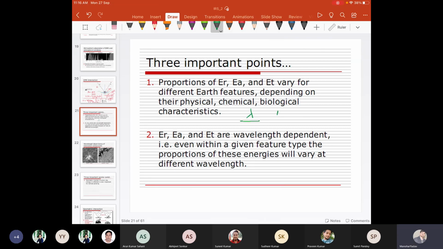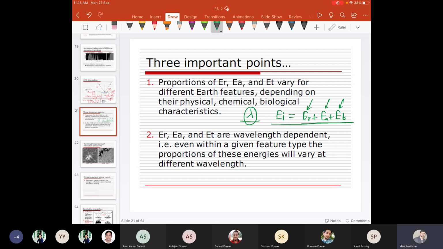When we write this equation, EI is equal to ER plus EA plus ET, the proportions of ER, EA and ET are dependent on the wavelength.